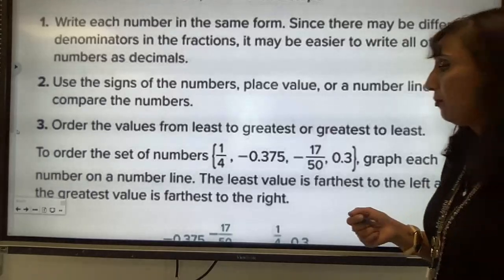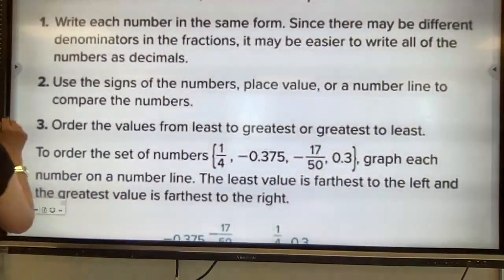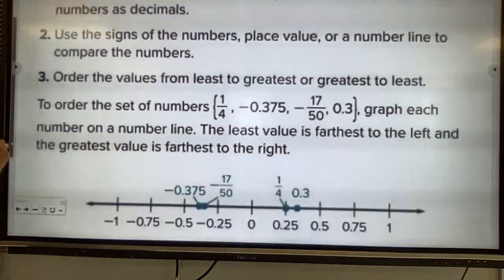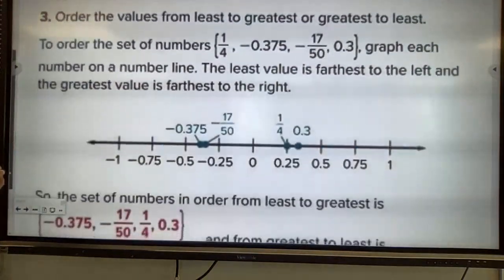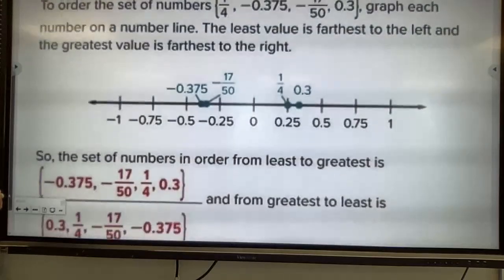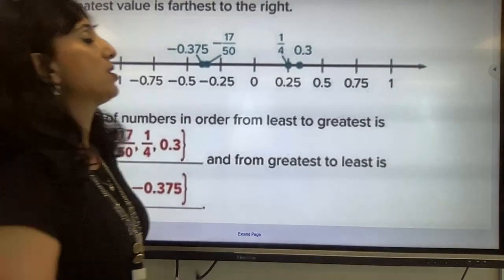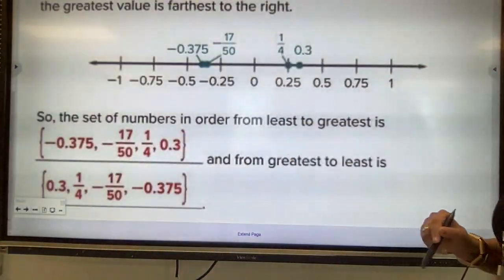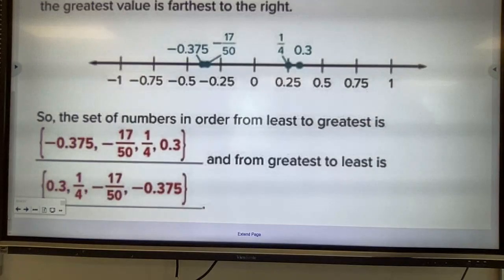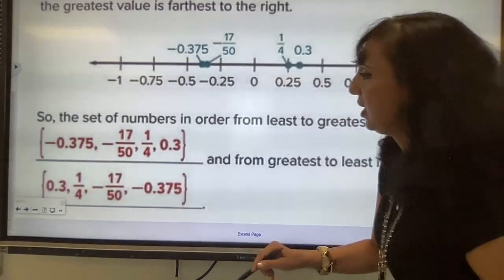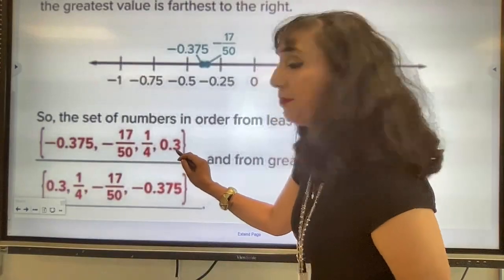So there are several ways this can be done, but I'm just going to show you on the number line really quick. So look, here we go. All right, and so I have the greatest one over here. I know that I can see 3/10.